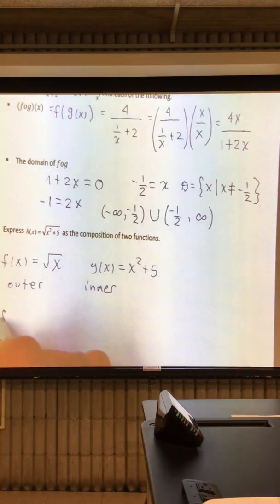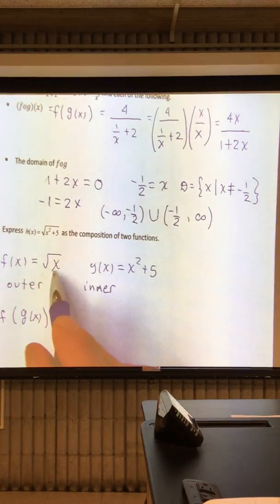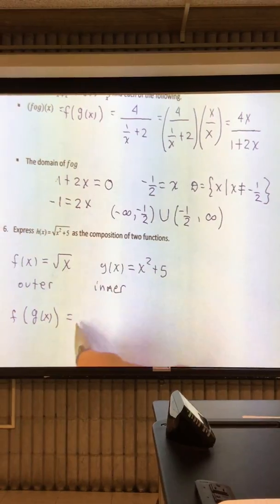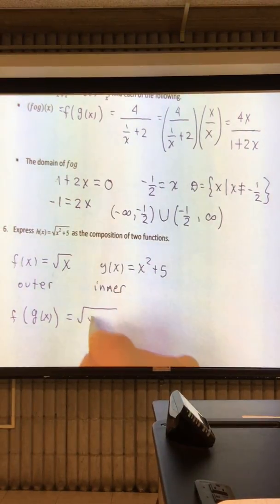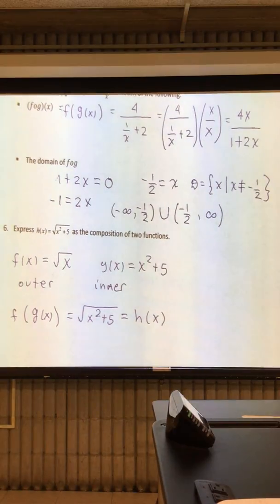So if we take f of g of x, that means to put g of x inside the square root, and that will give us the square root of x squared plus 5, and that is the original function h of x. And that concludes section 2.6 exercises.